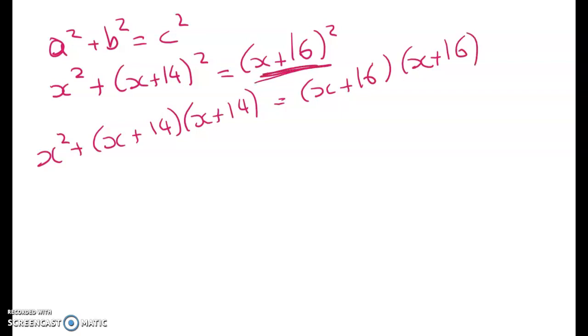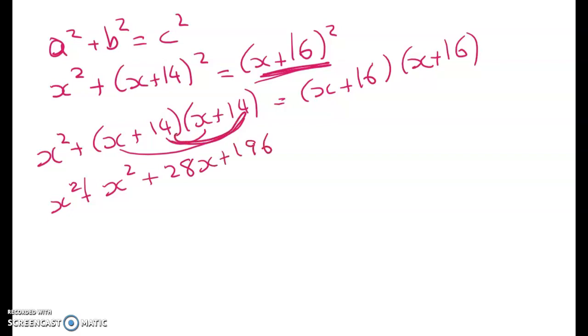So remember, these things are what we call perfect squares. This gives me x squared plus x squared plus 28x plus 196 equals x squared plus 32x plus 16 16s are 256.